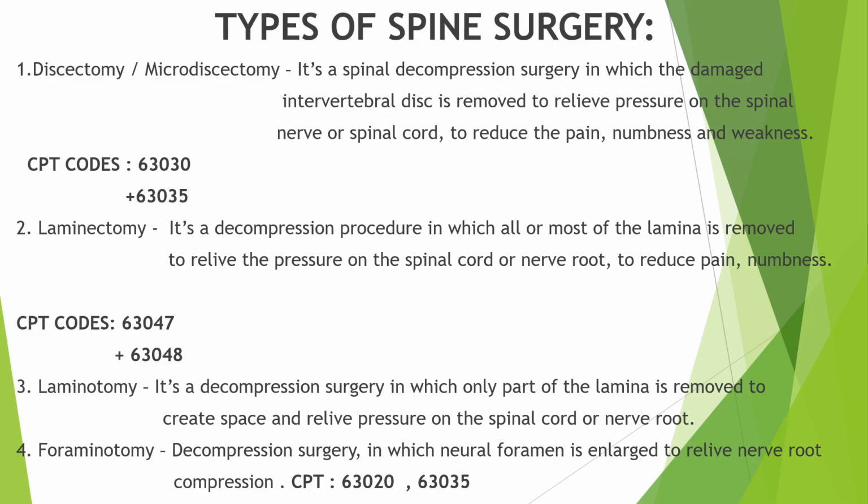He will also ensure that the nerves are free, and after that, he will close the incision. So simply, discectomy is just a laminotomy. A small incision is made to identify the compressed nerve root and remove the herniated disc fragment.